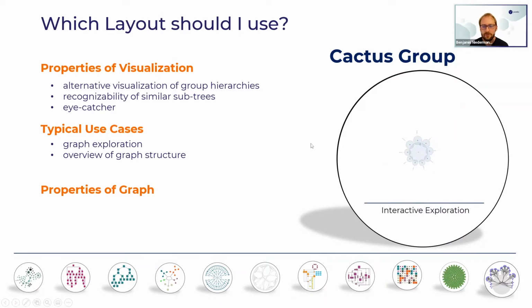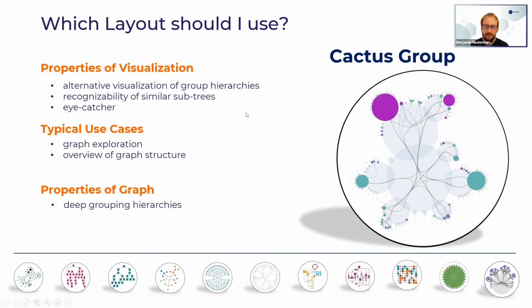So why should you use cactus groups? For example, for interactive graph exploration. You have this group node here, and then the user clicks on the children of this group node and enlarges them. Each time a child is enlarged, it shows its own children, and so the user can proceed with this and explore the groups and get some feeling for this deep grouping structure.